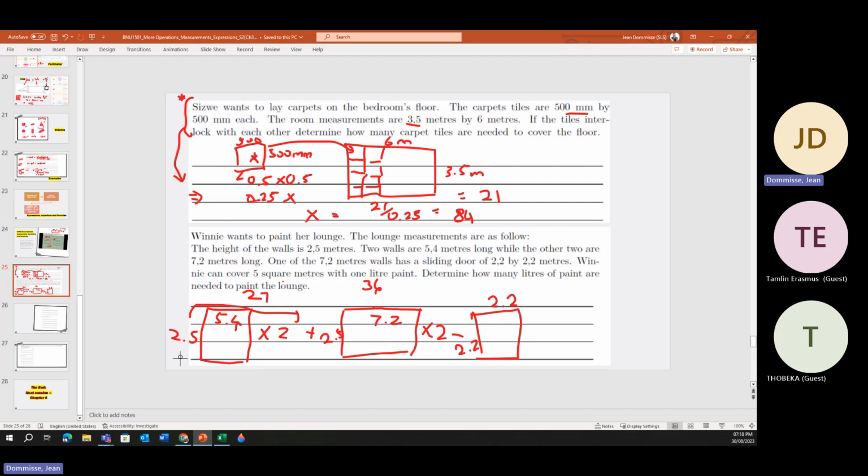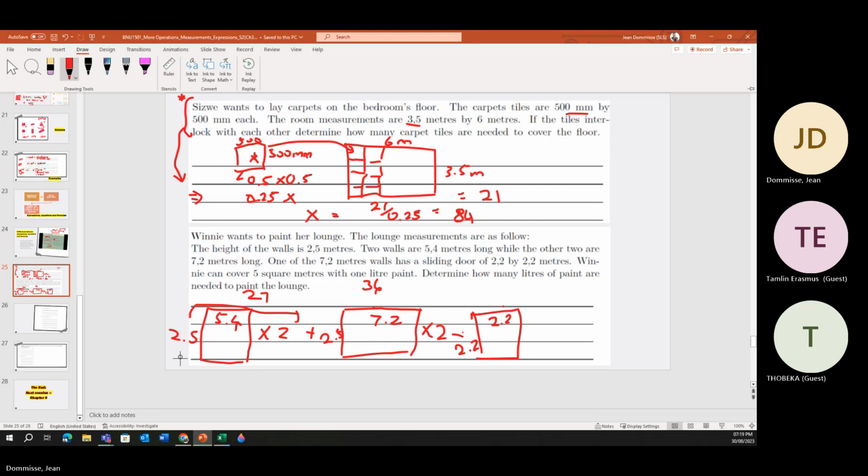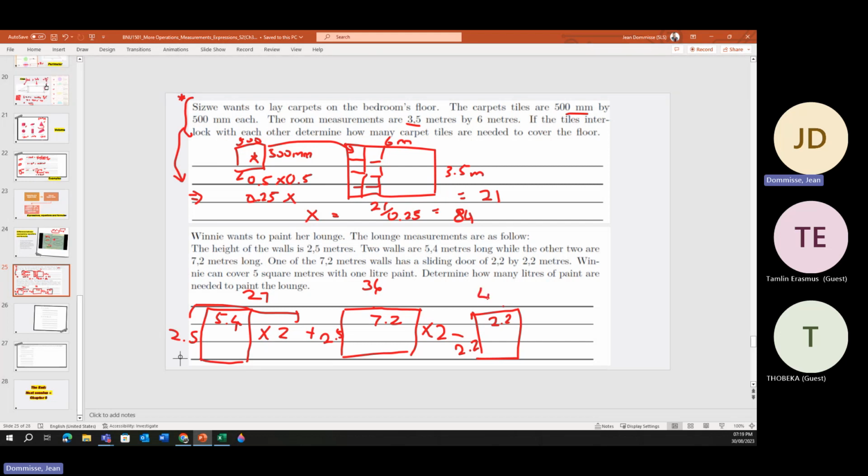So 2.2 times 2.2, let me just put the 2.2 in here so that I can write above it. So this is quite an interesting and long question. 2.2 times 2.2 is equal to 4.84. So remember plus, minus.